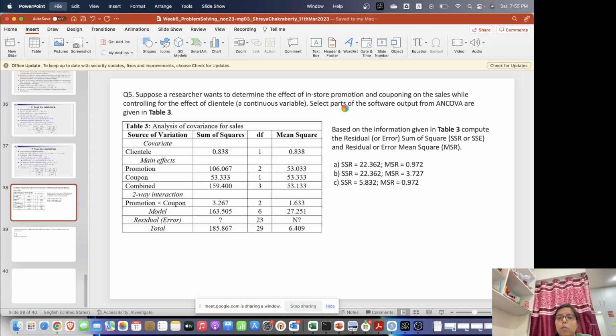So this was a problem related to ANCOVA. Why is this an ANCOVA problem? Because we have a covariate term in our model.